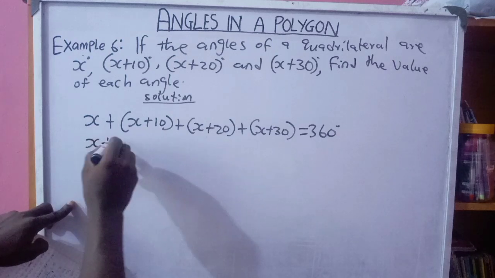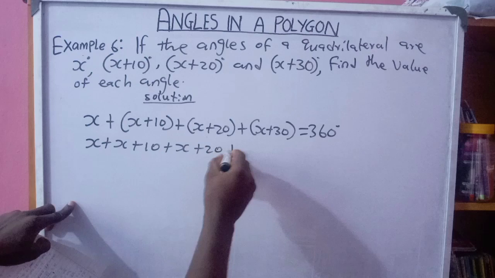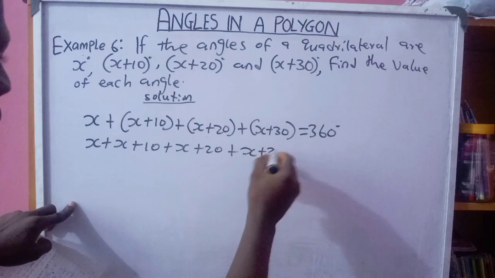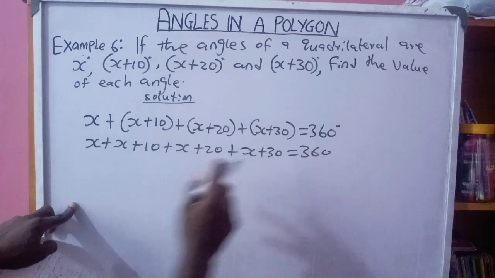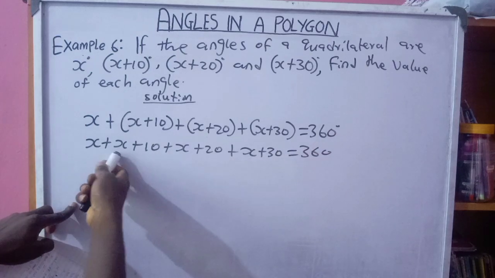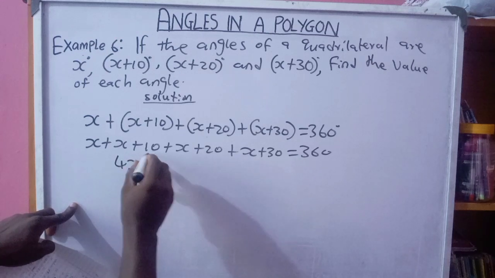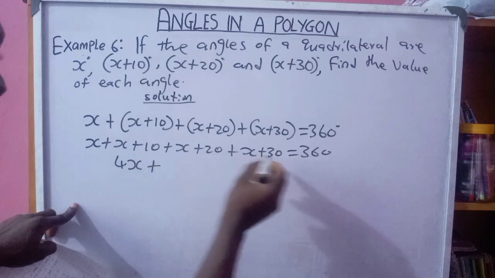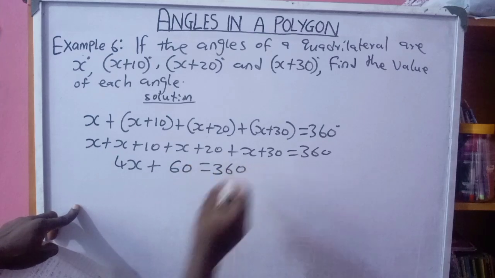That gives us x plus 10 plus x plus 20 plus x plus 30 equal to 360 degrees. Let's collect like terms. x plus x plus x plus x will give us 4x. Then 10 plus 20 will give us 30. 30 plus 30 will give us 60, equal to 360 degrees.